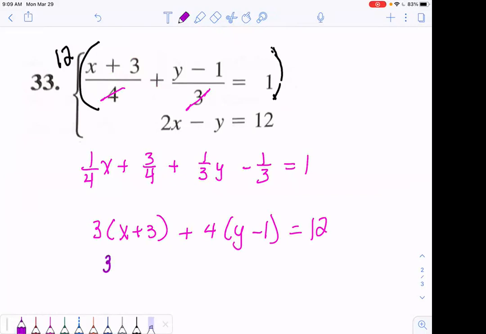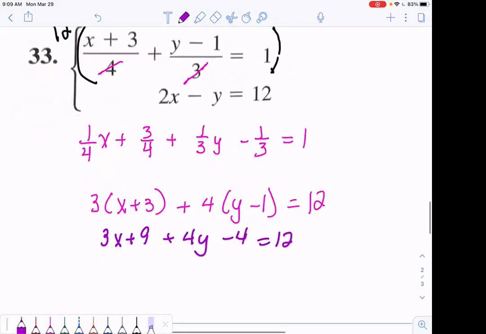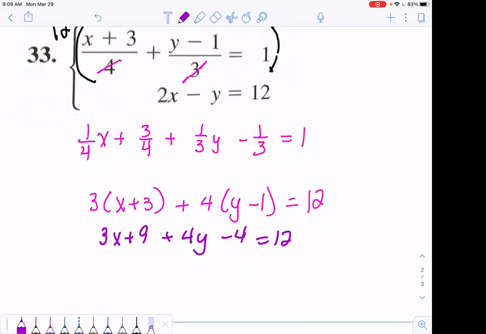So you would end up having 3x plus 9 and 4x minus 4. So whichever method you use to solve, you still have to get the terms on one side. If you use Jack's method, you have to still add terms together and move everything to the right side. If you multiply by any coefficient, again, you still have to add terms together and get things to the other side of the equation.